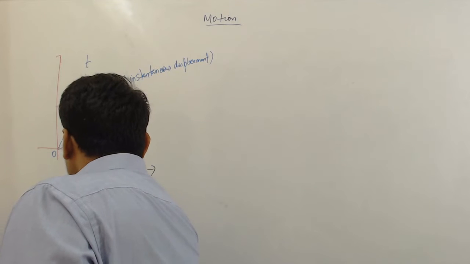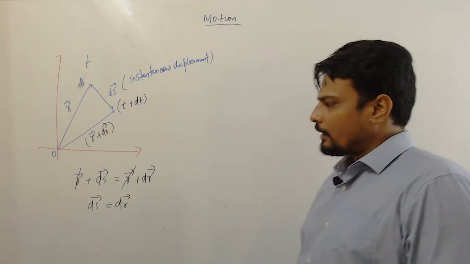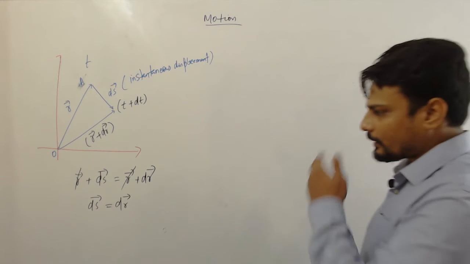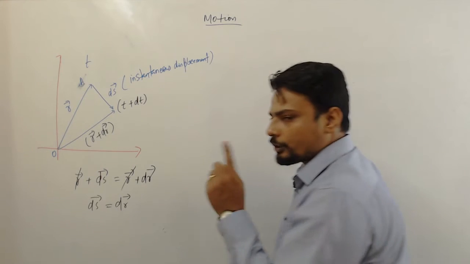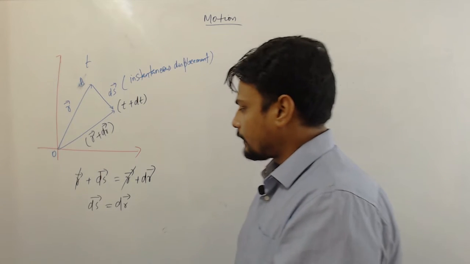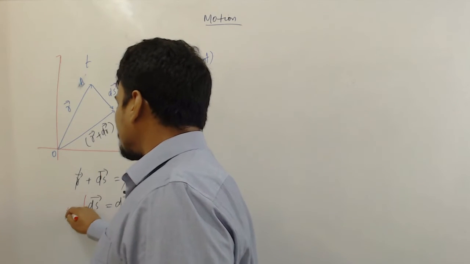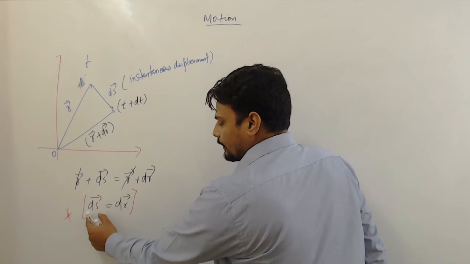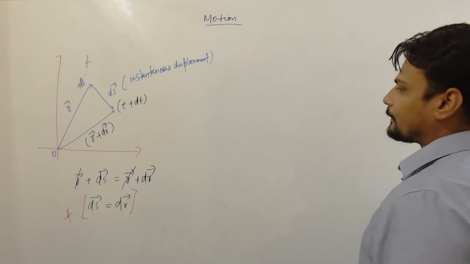We can see the displacement vector could also be written as, you know, your change in this position vector. बड़ा important बात है जी. Small change in displacement vector is equals to small change in position vector. It is very important, and it is valid only for small changes, not for the big change, you know. So for the small change, displacement vector is equals to the small change in the position vector. I'm going to use it.